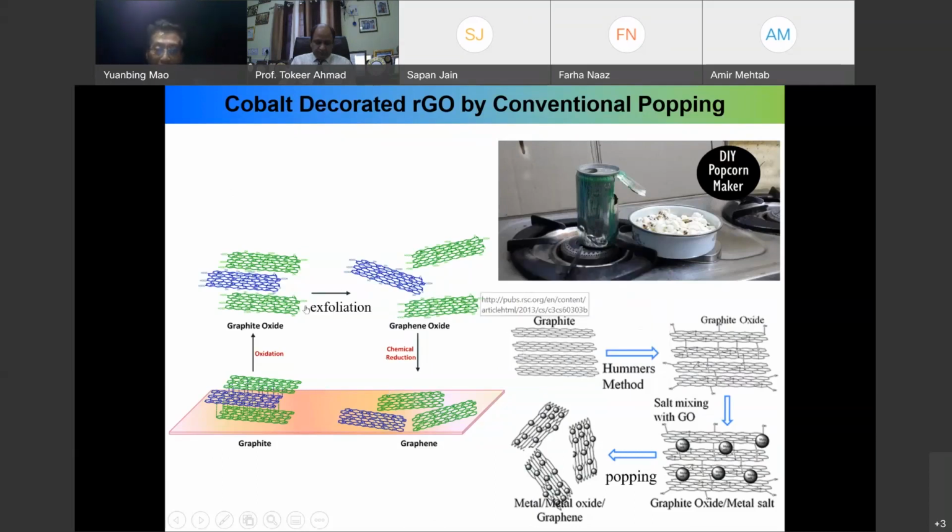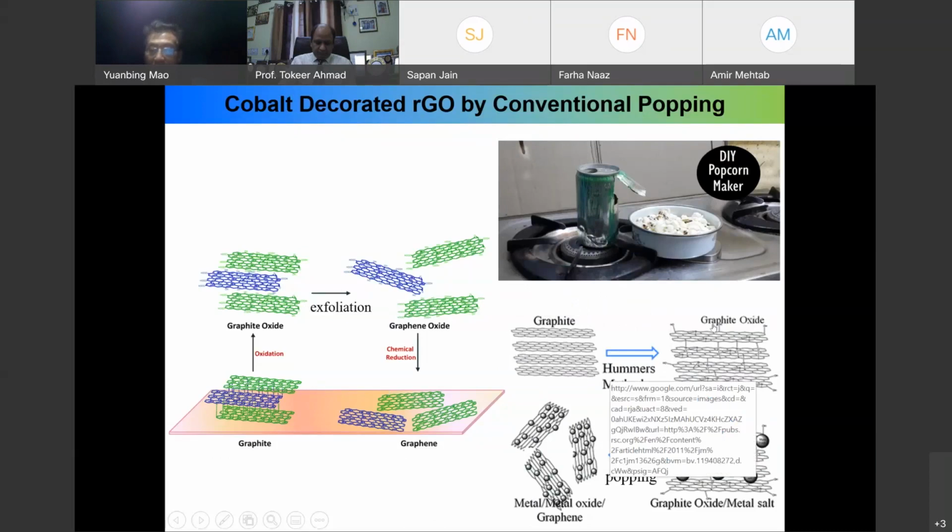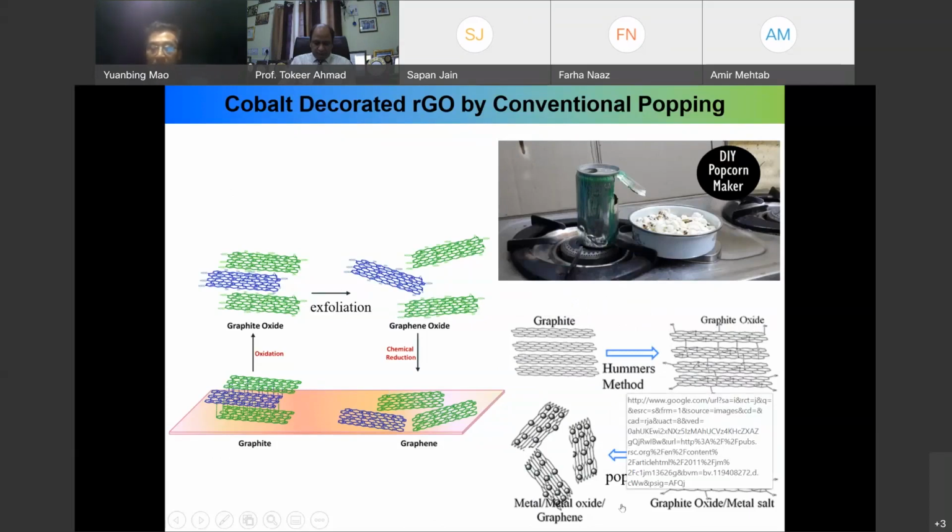Again, we made the graphene oxide, and then added some cobalt salts into it, and then we did the popping. How we do the popping is we use the microwave. We just heat it up, put it in the microwave for a couple of minutes, and it will pop once it reaches a certain temperature, and then we get the samples.